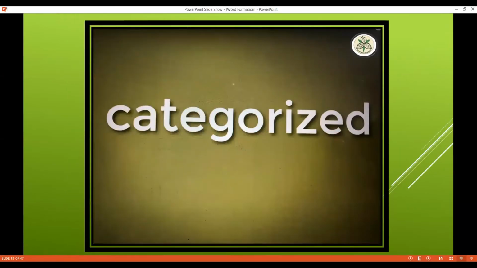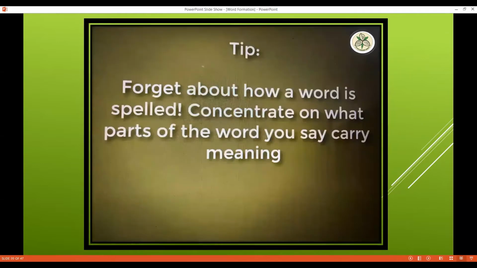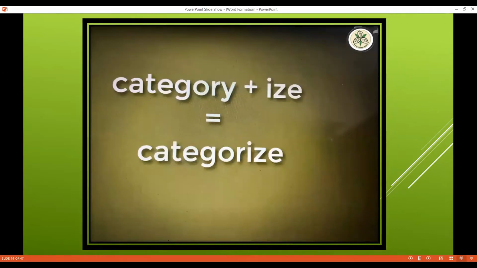Let's take another word. How about categorized? Now categorized is one word, but it has three morphemes. We have category plus the -ize suffix, but also that d suffix at the end, which denotes the past tense.